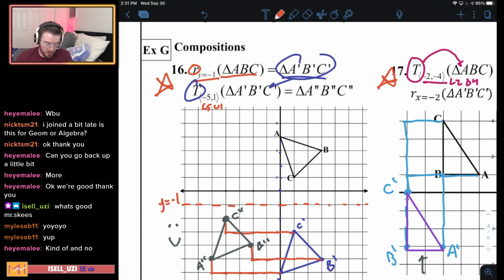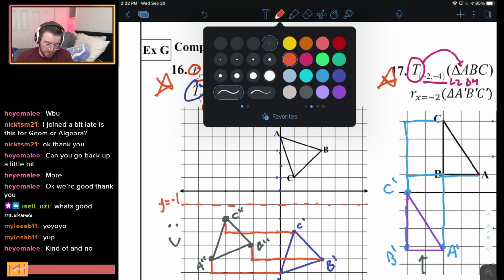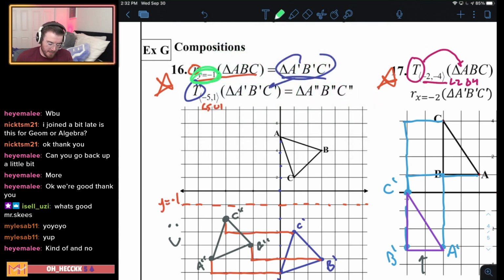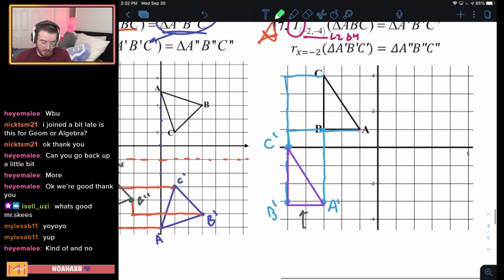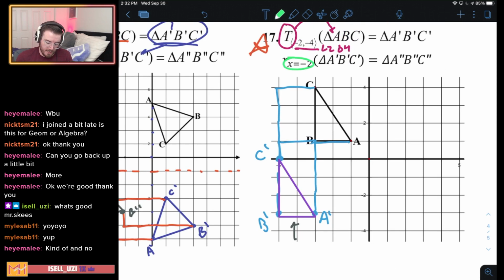I should have reminded us that the line y equals -1 is horizontal at -1, which is why I drew this horizontal line at -1. Now this one, x equals -2, is vertical. So 1, 2, there's my line of reflection.